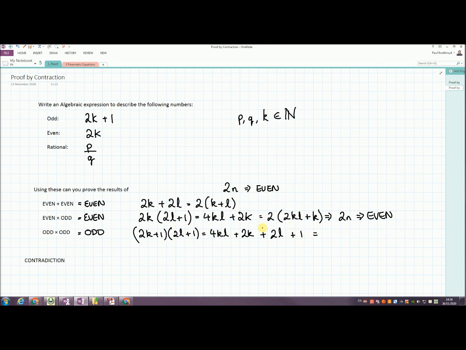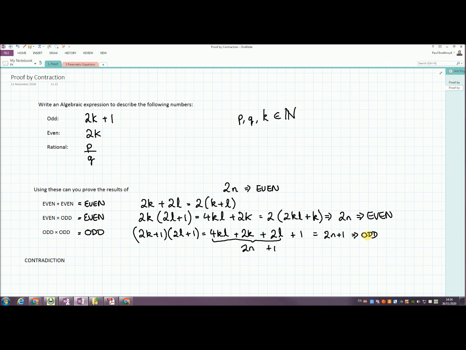And similar to above, this all factorises into a 2n, but we've now got a 2n plus 1, and 2n plus 1 is odd. It's the form of an odd number. Okay, so they are proofs that we can do to give us our nice straightforward statements.